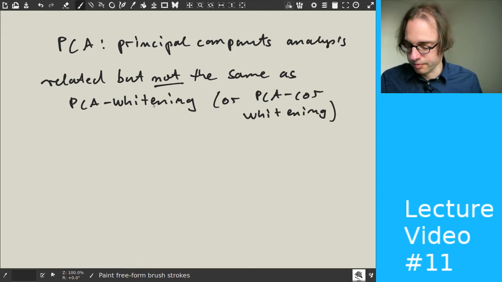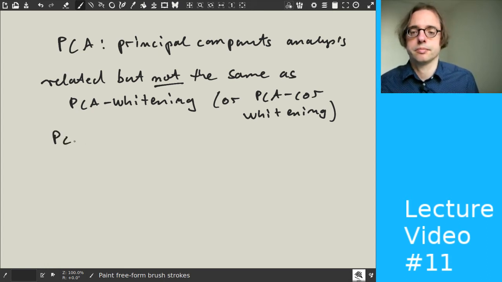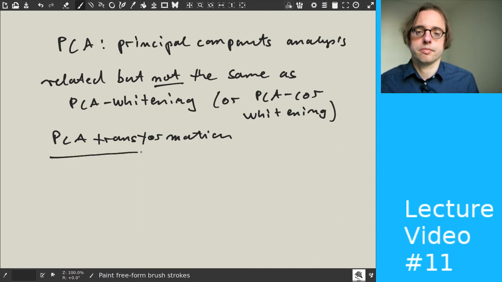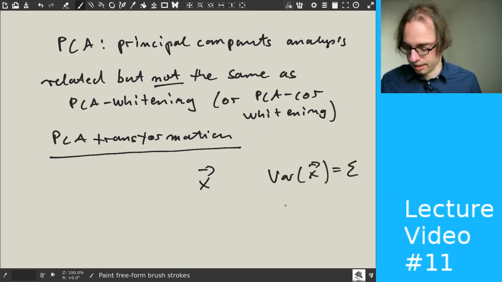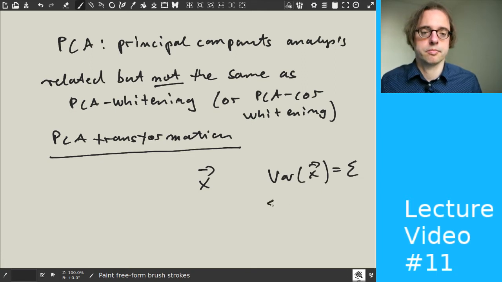So how is it defined? PCA works as follows. There's a PCA transformation. We have our X, and then X has a variance that is sigma, and sigma is decomposed into U lambda U transpose.